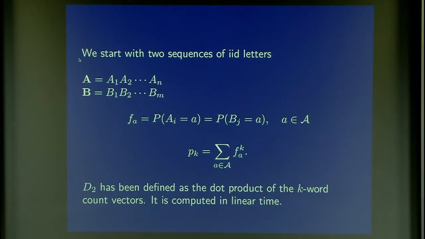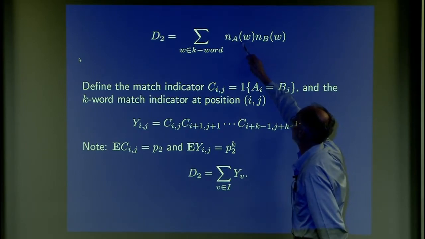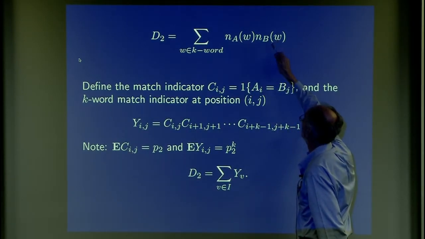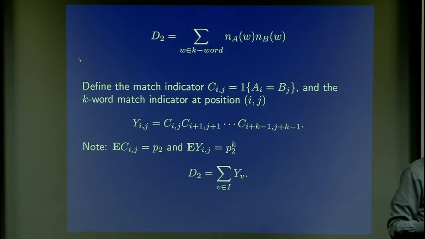We're going to look at the statistics of the words of length k for each sequence and compare those statistics. So linear time in the best sense of linear time. This k is in there. But we're going to multiply the number of times W occurs in A by the number of times W occurs in B and sum over all possible words. That really looks like a simple statistic.